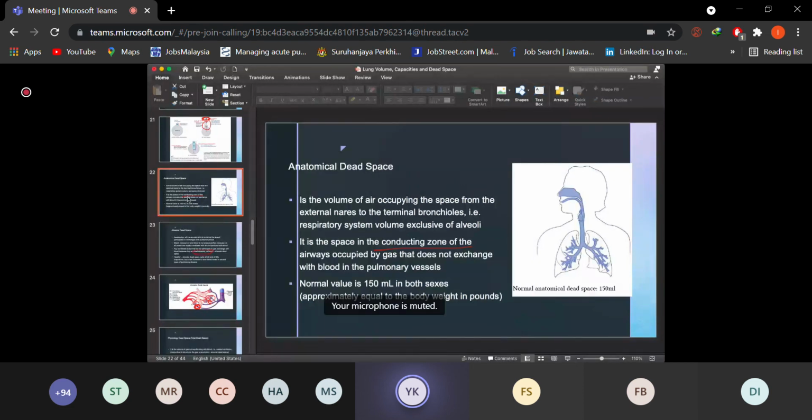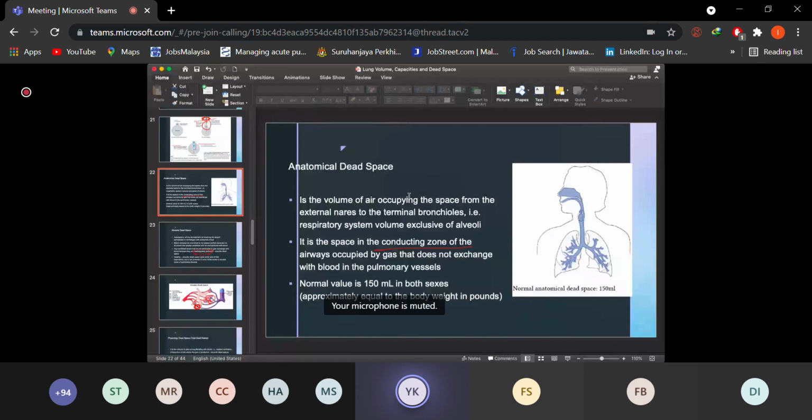The physiological dead space is the total of both. The alveolar dead space is at the alveoli, the portion of the air volume that does not participate in perfusion.